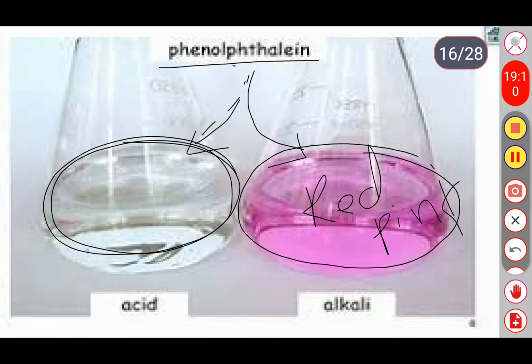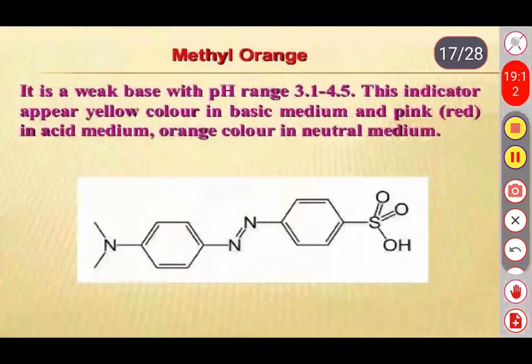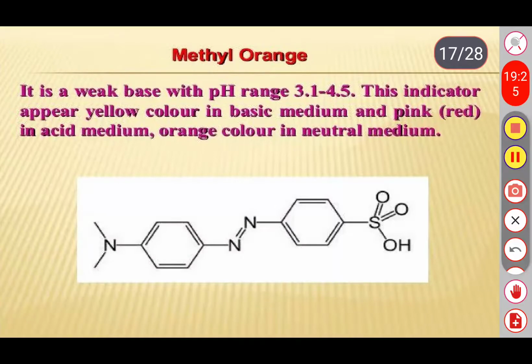See the next one, the second type of synthetic indicator, that is methyl orange. A very small amount of solid methyl orange is dissolved in hot water, and we can easily obtain the methyl orange solution.